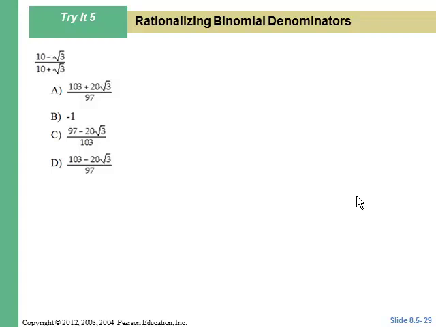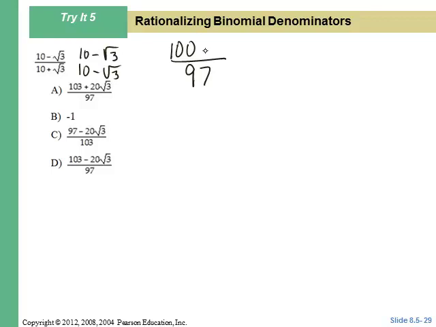How about this one? Multiply top and bottom by 10 minus the square root of 3. So 10 times 10 is 100. Minus 3 is 97. 10 times 10 is 100, is the first term.